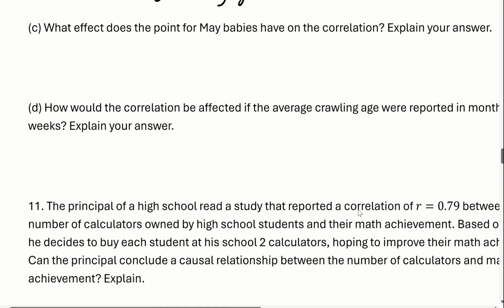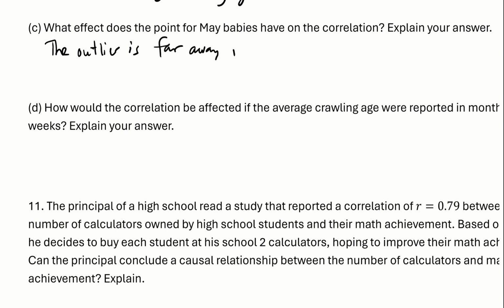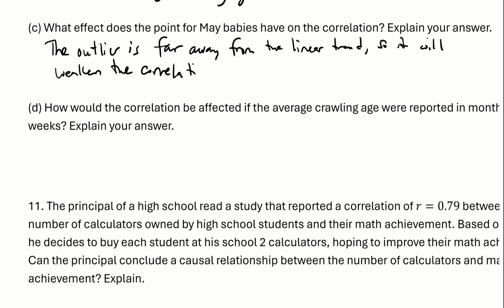So what effect does the May point have? The outlier is far away from the linear trend, so it will weaken the correlation, making it closer to r equals 0.